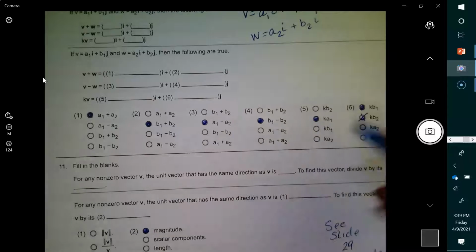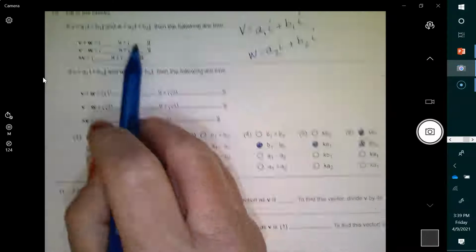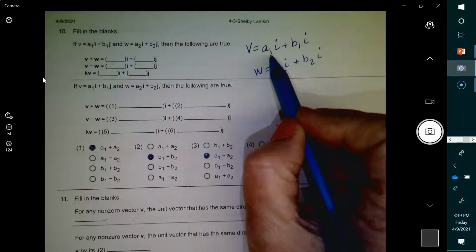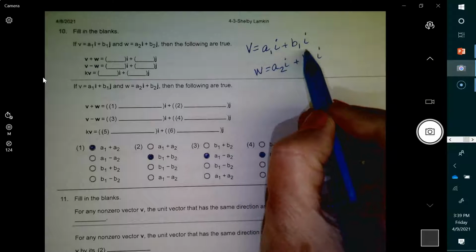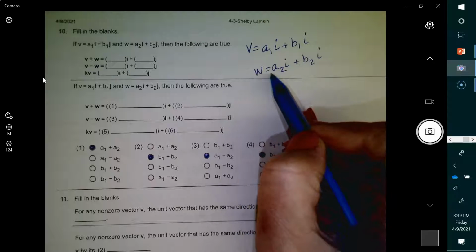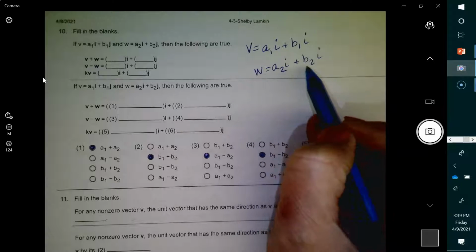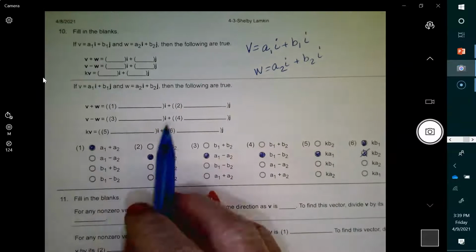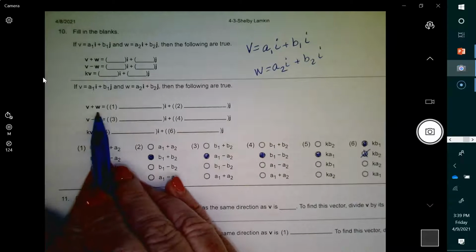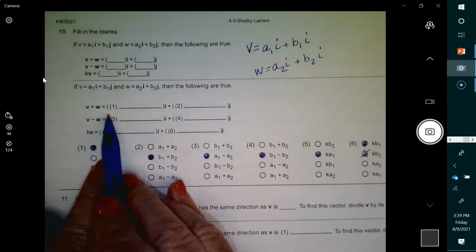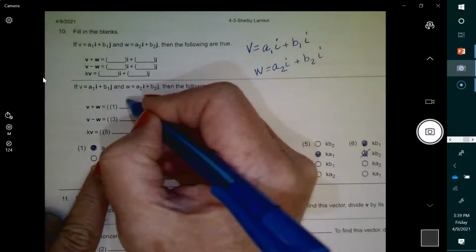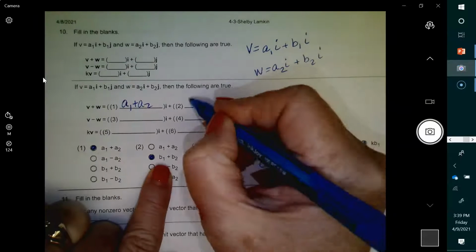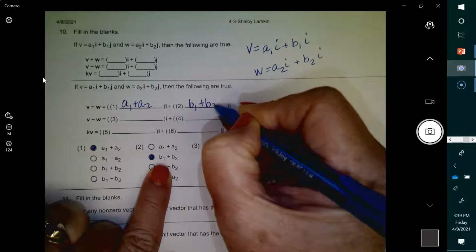So let's apply some of this. Here we have the vector v is a sub 1 i plus b sub 1 j, and w is a sub 2 i plus b sub 2 j. Then the following are true. For their sum, if you're adding vector v and vector w, then it's a sub 1 plus a sub 2, and then b sub 1 plus b sub 2.